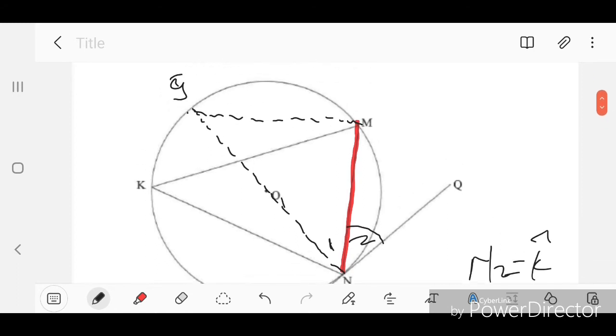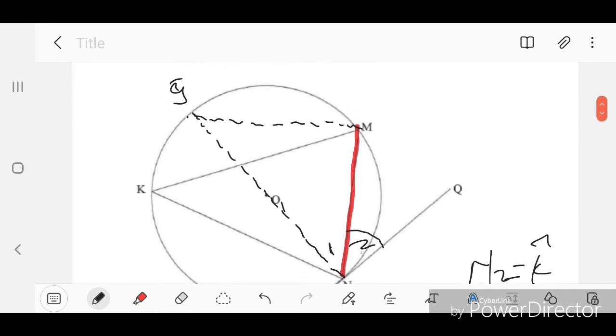So the next goal is to prove that N2 equals G, because G equals K, angles in the same segment. If we can prove that N2, which we've just shown is 90 minus N1, equals this angle G, then we can conclude that since G equals K, then K equals N2, right?